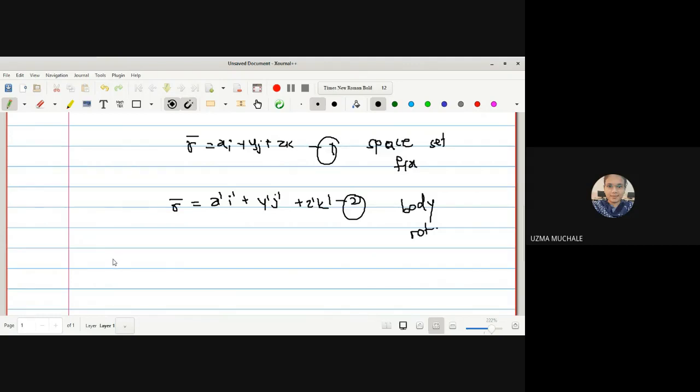Now, what is the position vector? r in our system 1, or we can say in the space set of x's. From equation 1, we have to find out the derivative of r in the two coordinate systems, which is different.